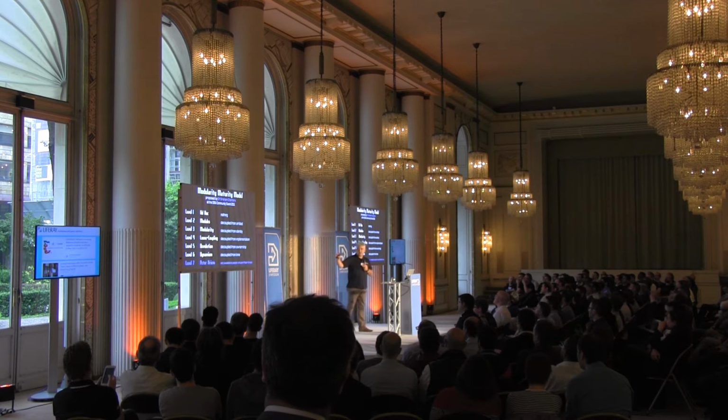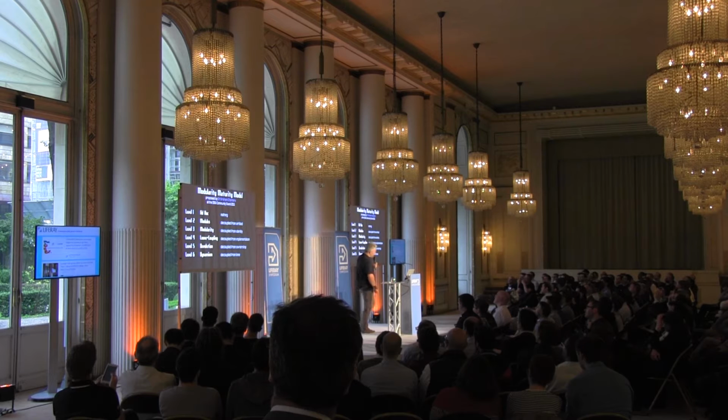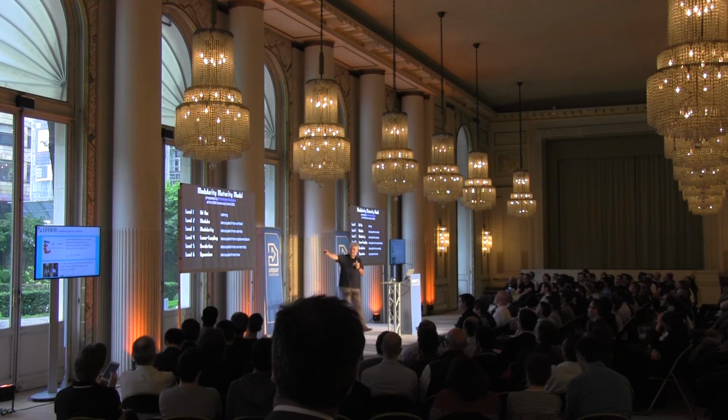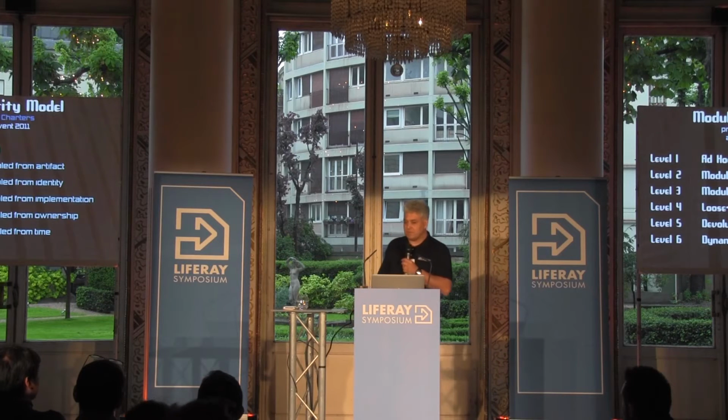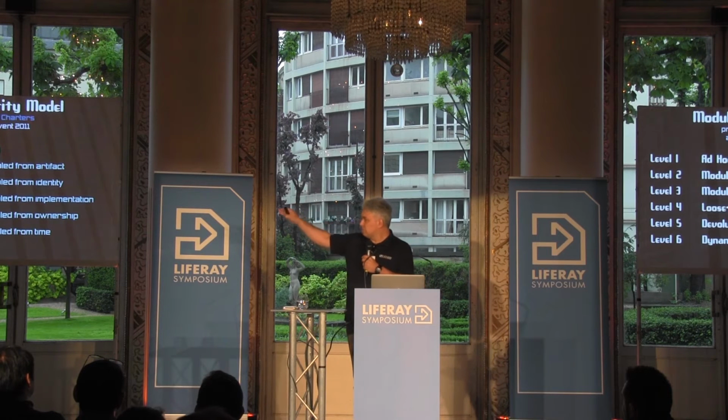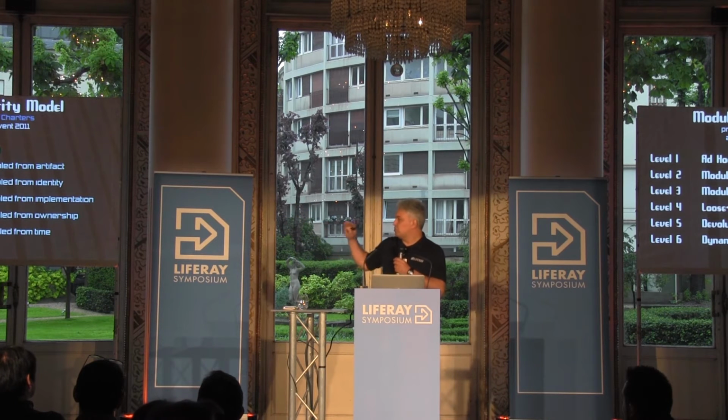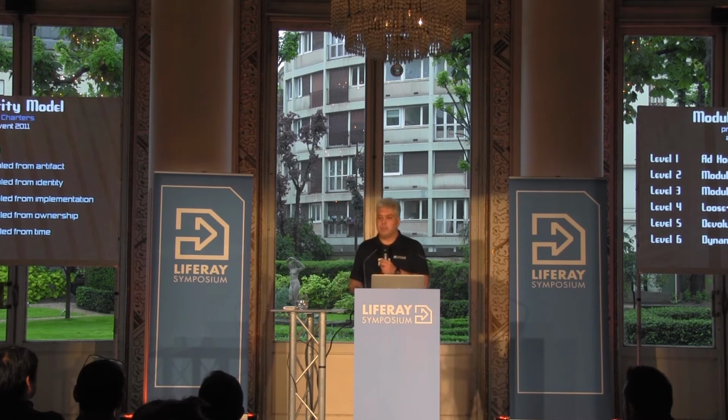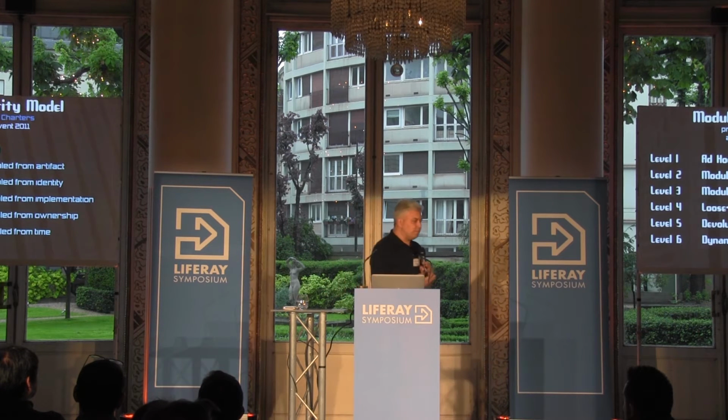So basically, he defines, hey, I spoiled the surprise. This is supposed to be like this. He defines six levels. The six levels of modularity are: ad hoc, modules, modularity, loose coupling, devolution, and dynamism. And if you want to get a deeper understanding, you need to go read the paper.